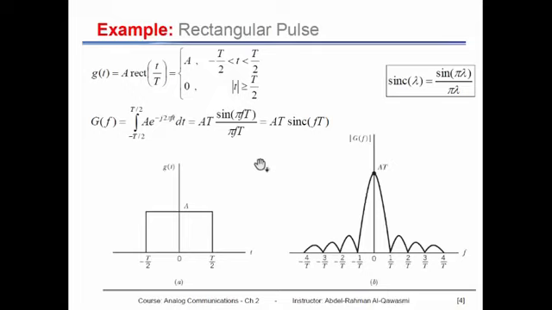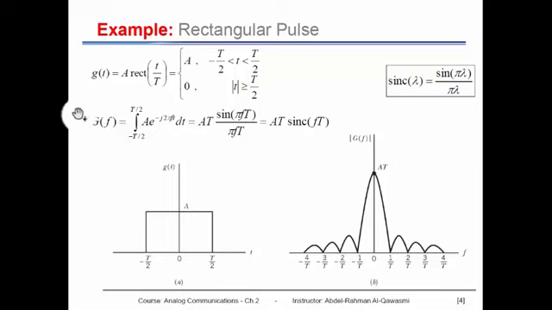Let's have an example of how to make the Fourier transform for a rectangular pulse. This is the equation of the rectangular pulse: g of t equals A rect of t over the period T, which means we have A within the interval from minus T over 2 to T over 2, and 0 for the absolute value of t more than or equal to T over 2.